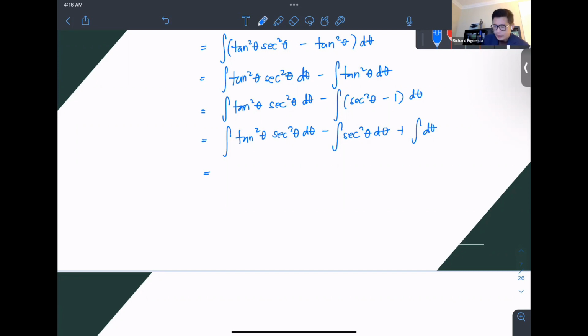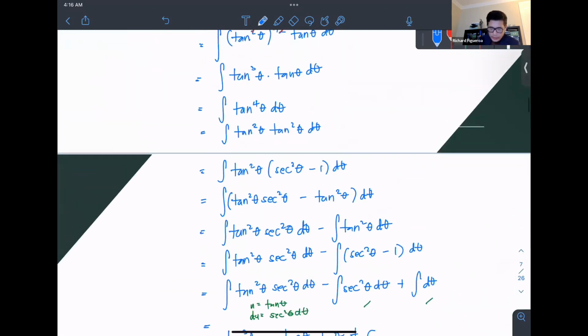For the first one, our u is tangent theta, so our du will be secant squared theta d theta. This can be integrated right away, and d theta can be integrated as well. Therefore, this is tangent cubed theta over 3, minus tangent theta, plus theta, plus c. That would be the integral.